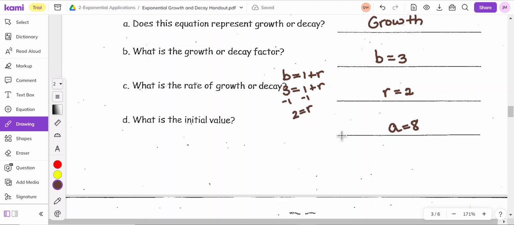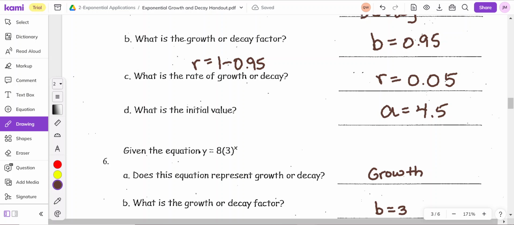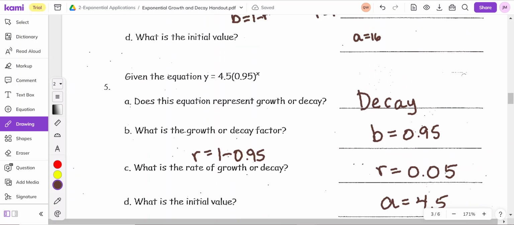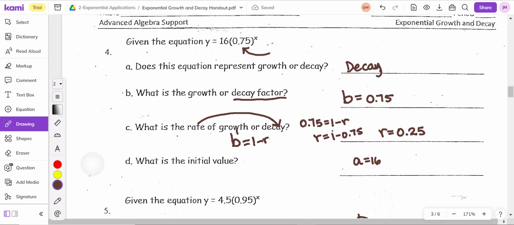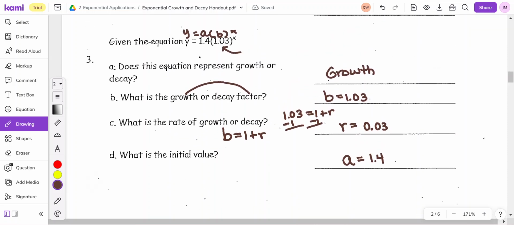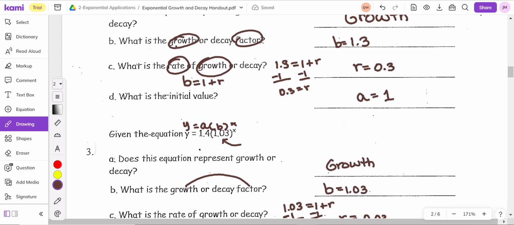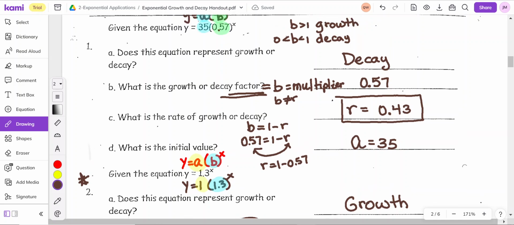How do you do the K? What K? We don't have a K. Growth and decay: 1 minus R. We did it right here, in number 4, in number 5, in the first one.